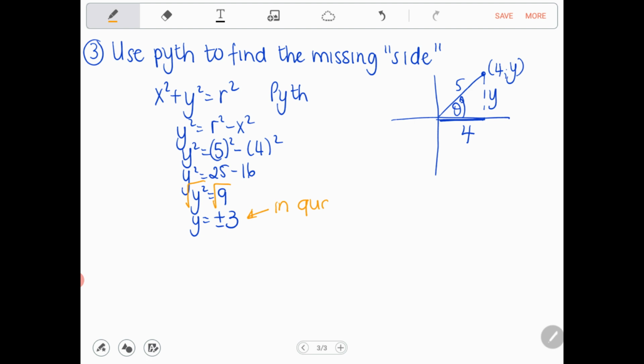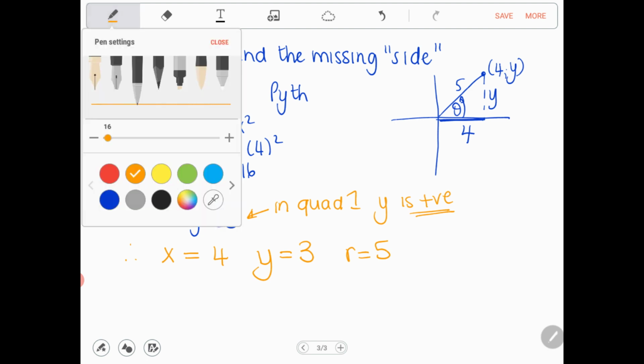I'm working in quadrant 1 here, so y is positive. If you're working in another quadrant, your y could be negative, so you need to double check whether your y in the quadrant that you're working in is positive or negative. All right, so what do I know? I know that x is equal to 4, y is equal to 3 in the first quadrant, positive 3, and r I know is 5.